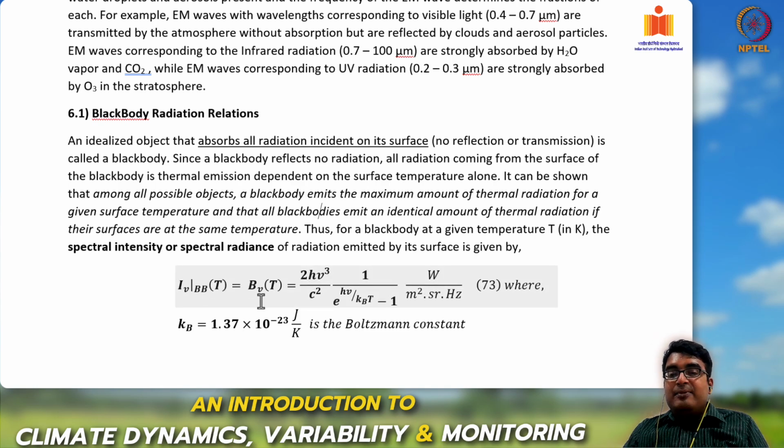Here we shorthand it as B nu T, black body radiation intensity at a frequency nu for a given surface temperature T, and is given by this expression here, 2 h nu cubed by c squared into 1 by e to the power h nu by k_B T minus 1, in watt per meter squared steradian hertz. Here h is the Planck constant, c is the velocity of light in meters per second, nu is the frequency in hertz, k_B is the Boltzmann's constant in joules per Kelvin, which is shown here.